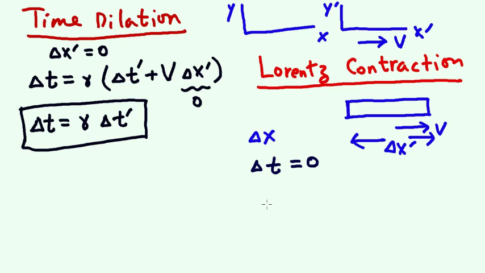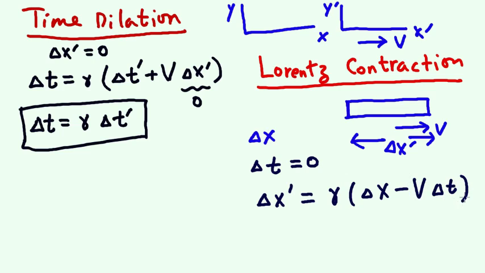The Lorentz transformation equation that is convenient to use in this case is the transformation that goes from x to x prime. So delta x prime in this case equals gamma times (delta x minus v delta t).